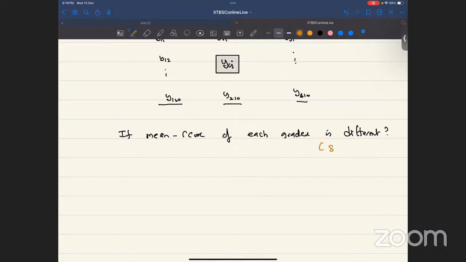Can you say it is different with some statistical significance? That is what I want to do.